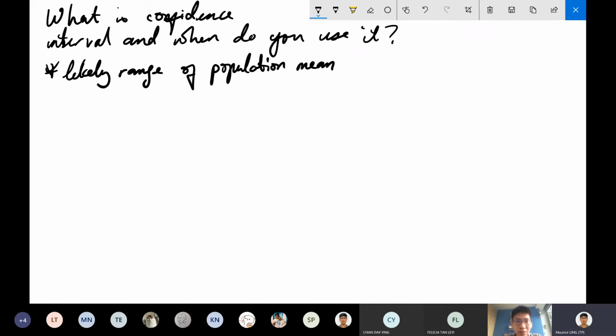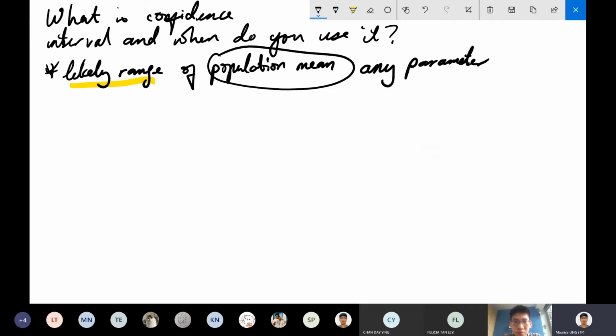Okay, so basically your answer is that it is the likely range of a population mean. In a way, it's correct. The correct part is the likely range. But it may not be the population mean. It can be any parameter.